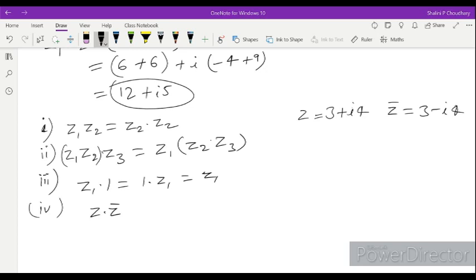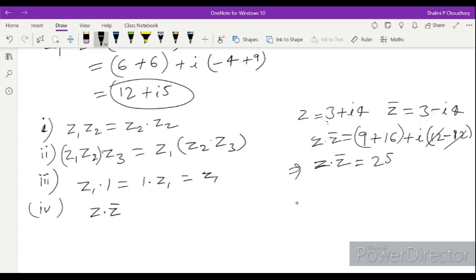Now what we have to do is find z into z bar. ac is 9, minus bd, and since d is already minus, minus minus becomes plus 16. Then the value of i: 3 into minus 4 and 4 into 3. 4 into 3 is 12 and 3 into minus 4 is minus 12, so they cancel. So z into z bar is equal to 9 plus 16, which is 25, plus 0i.